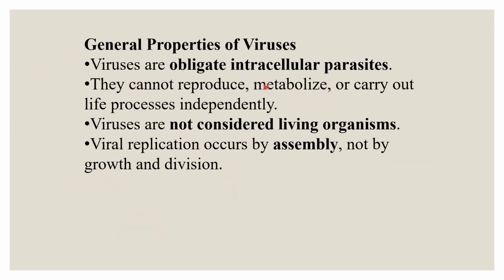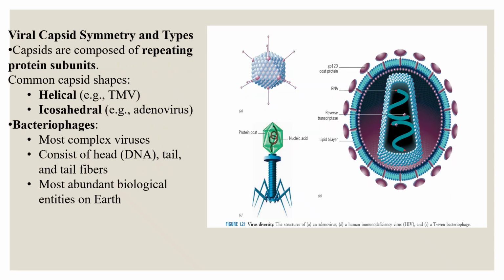Viruses are obligate intracellular parasites. They cannot reproduce, metabolize, or carry out life processes independently. Viruses are not considered living organisms, and viral replication occurs by assembly, not by growth and division, as in the case of bacteria or animal cells.